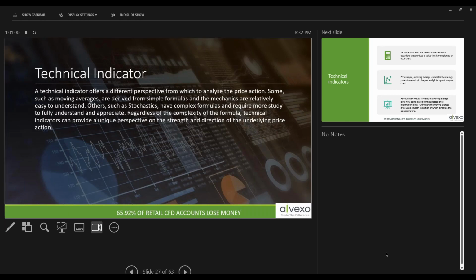The value that it gives you after the formula is calculated doesn't have a definitive answer. Very few indicators say, okay, at 99 do this, at 497 do that, and at 322 do that. So regardless of the complexity of the formula, technical indicators can provide a unique perspective of strength and direction of the underlying action.